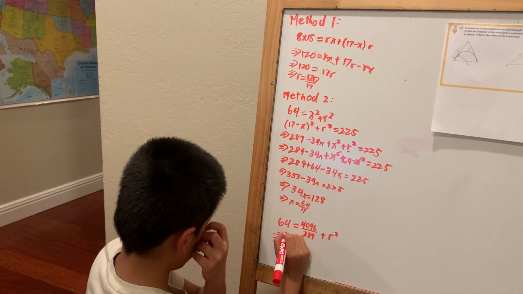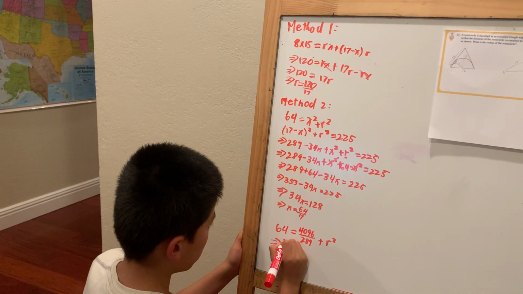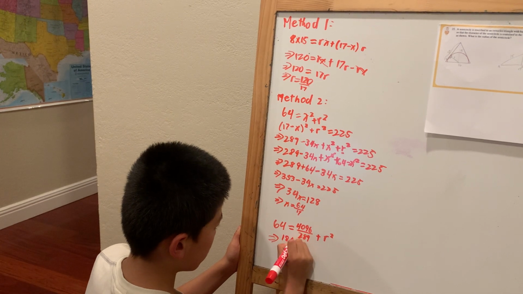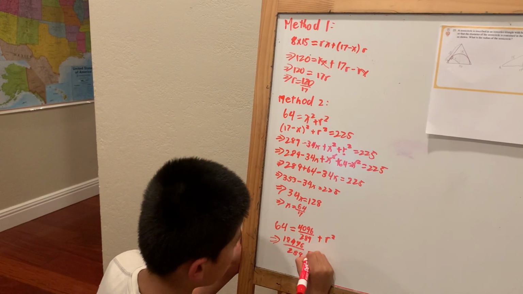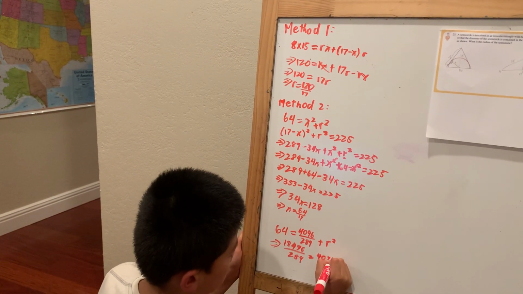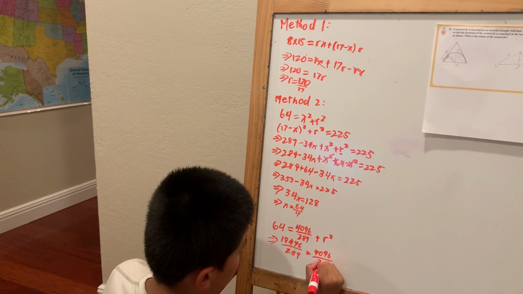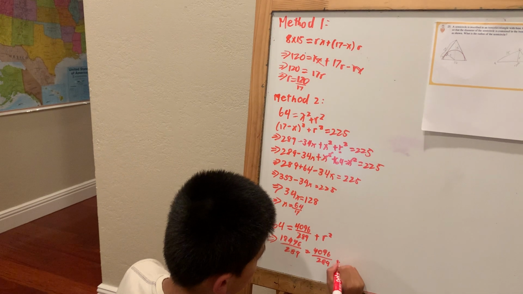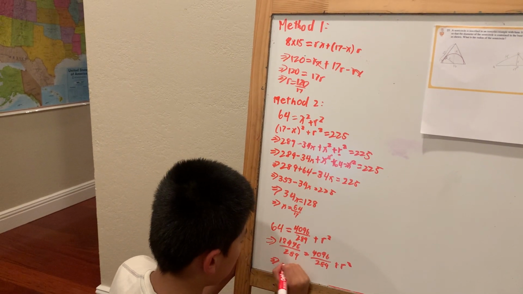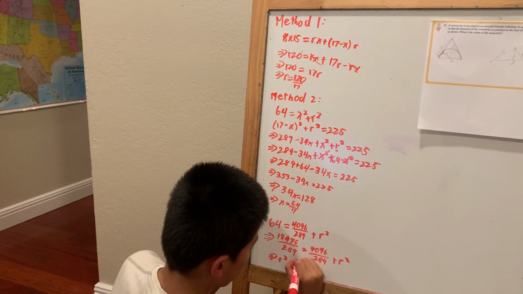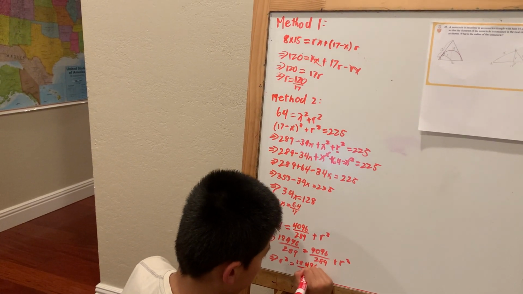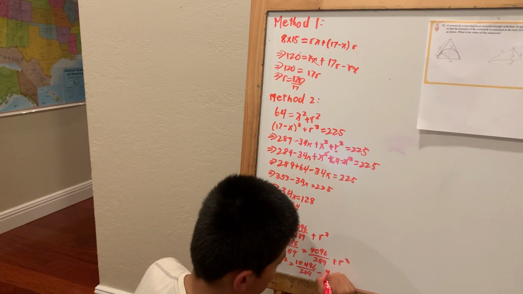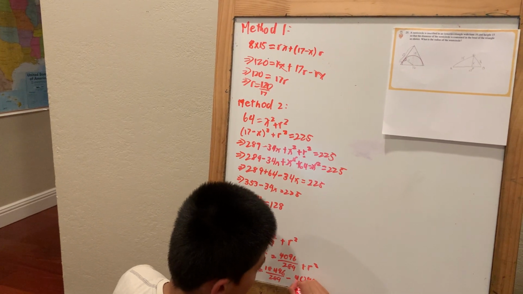So that means that 18,496 over 289 equals 4,096 over 289 plus r squared, which means that r squared equals 18,496 over 289 minus 4,096 over 289.